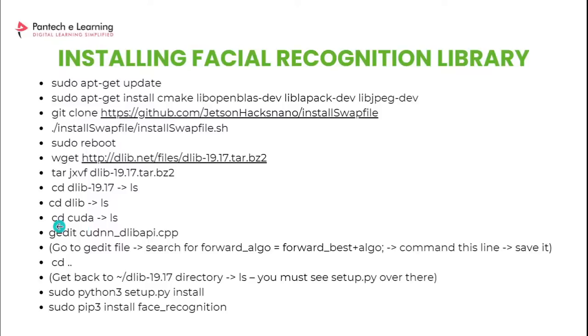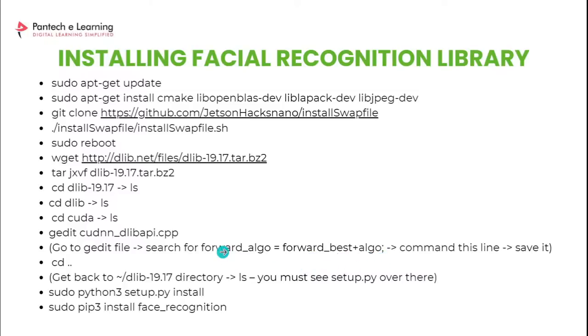In that CUDA directory you have to run gedit cudnn dlib pi.cpp. In gedit, search for forward algo, which is equal to forward best algo, I mean it's nothing but algorithm.